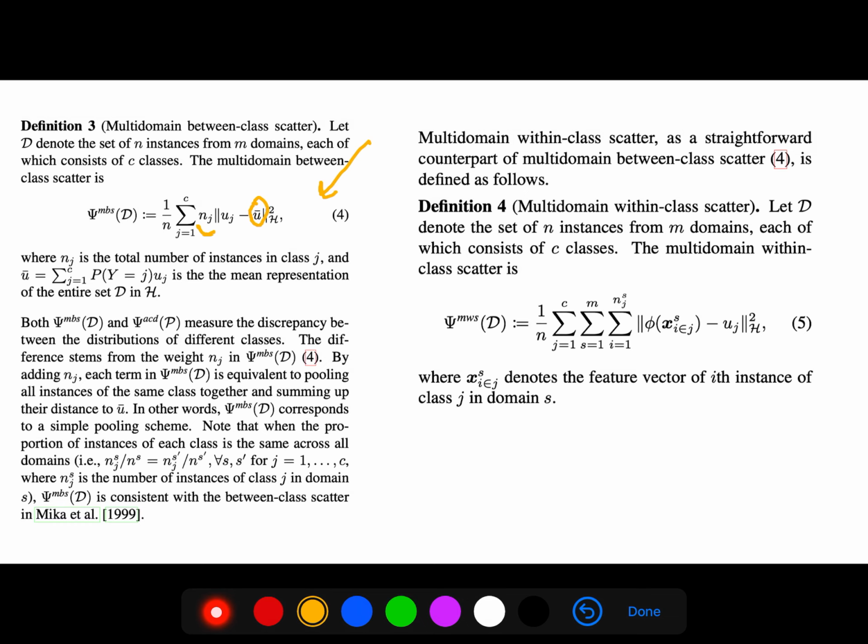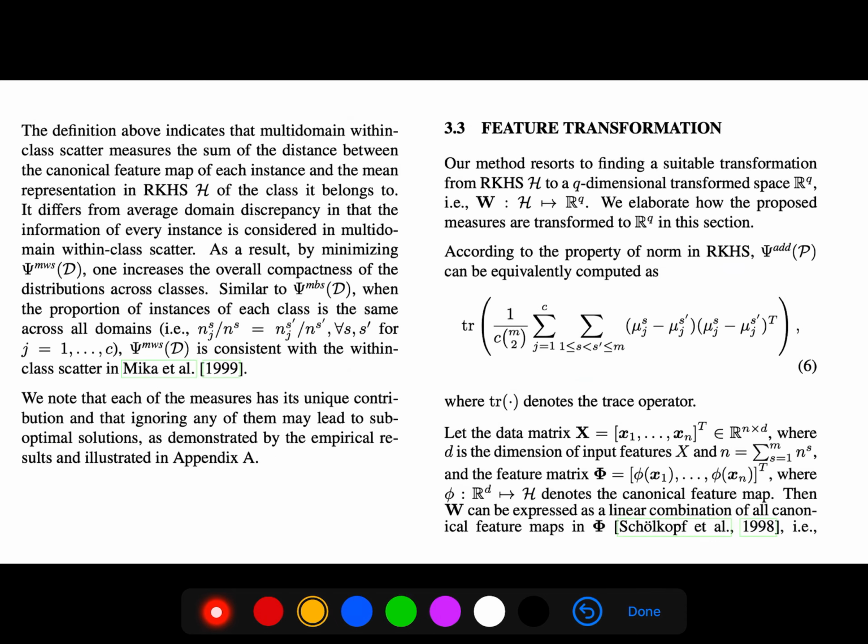And then we can also measure the multi-domain within class scatter. X here denotes the feature vector of the ith instance of the class j in domain s. So that's why we have three summations: over classes, over domains, over samples.